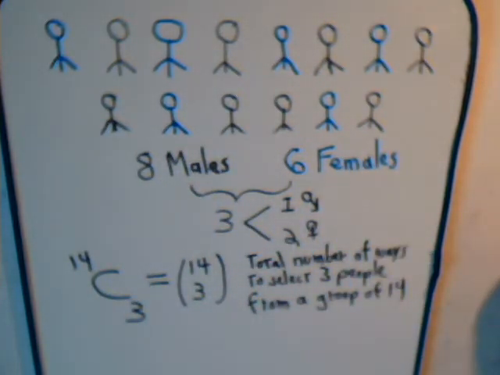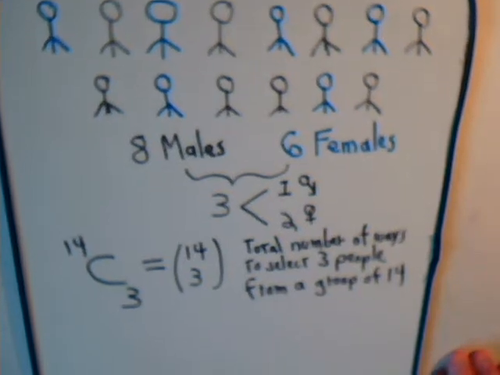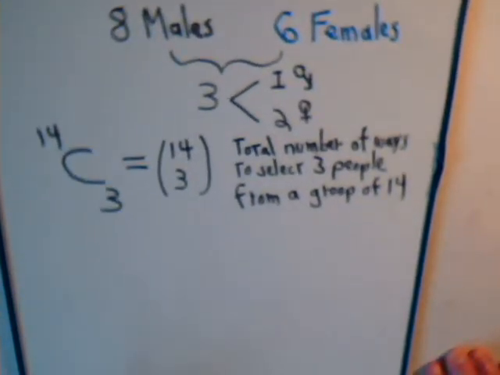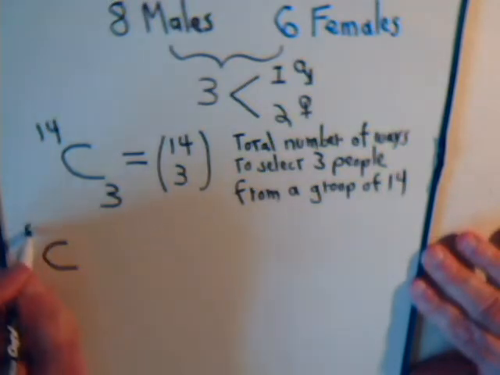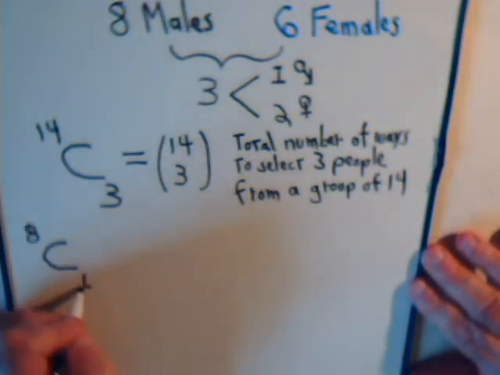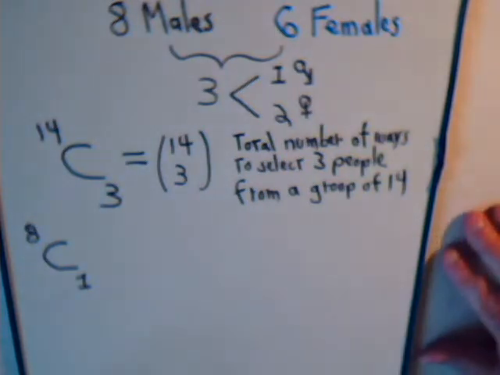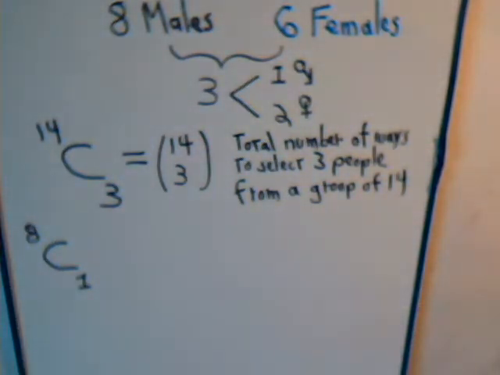How many ways can we select 1 male out of this group? And again, if you remember from the previous combination videos, that is simply this expression. There are 8 males. We're going to choose one of them. The order in which we make the selection has no relevance, so that's just a simple combination problem.